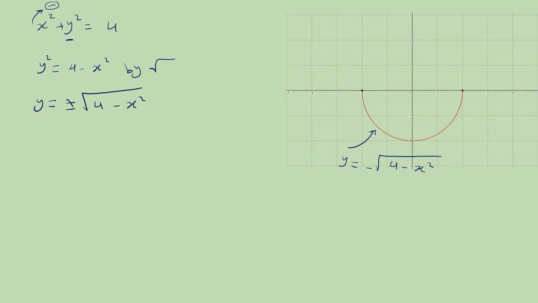The positive square root represents the above half of the circle, but the negative square root represents the down half of the circle.